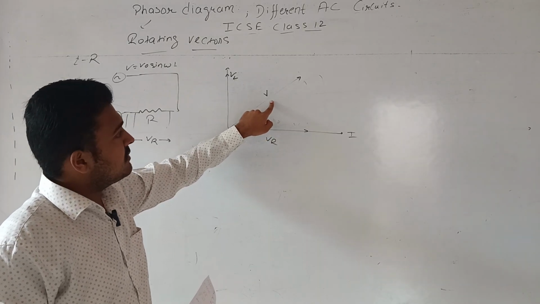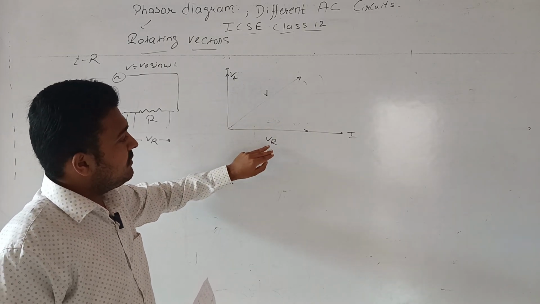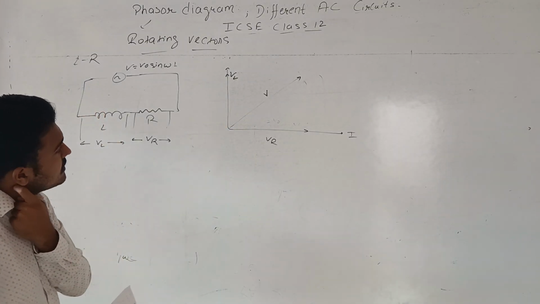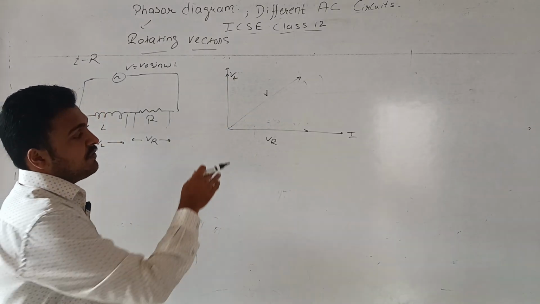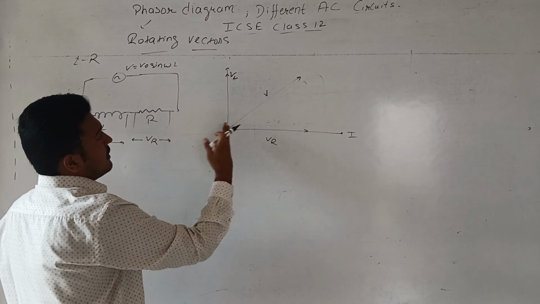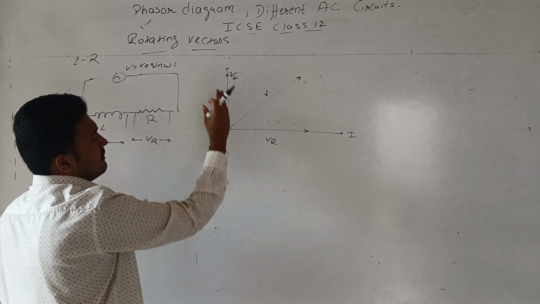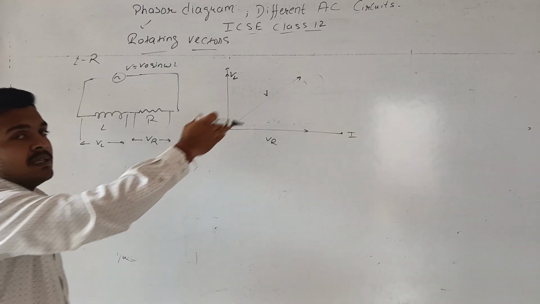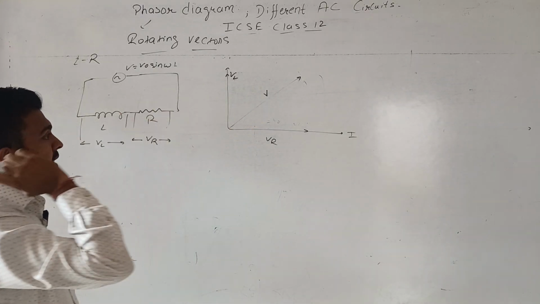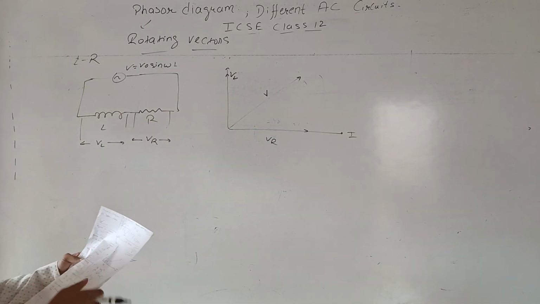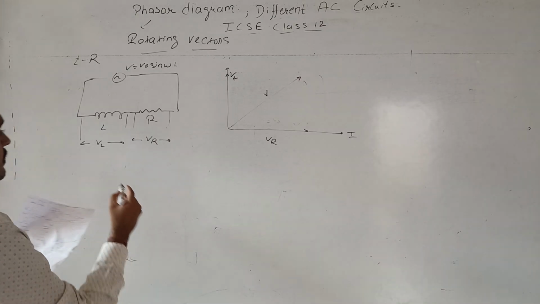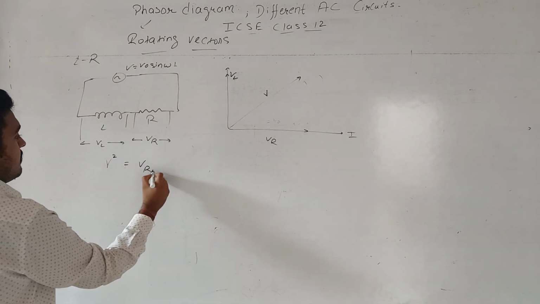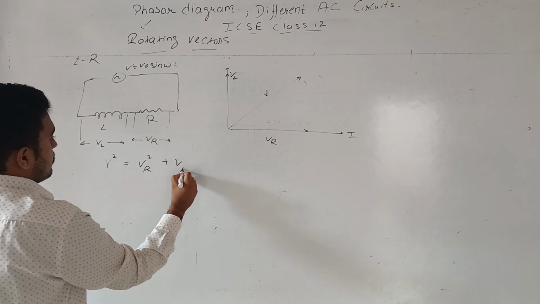What is V? V is the vector sum of VR and VL. By the parallelogram law also, these are the two sides of a parallelogram, and the diagonal will be the resultant. So V squared is equal to VR squared plus VL squared.